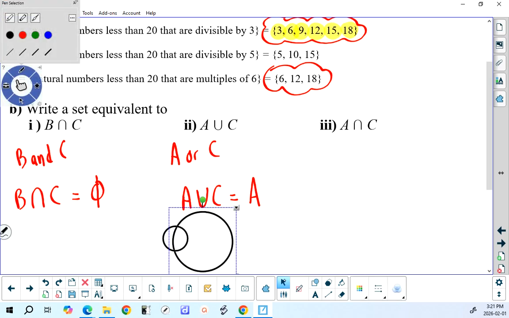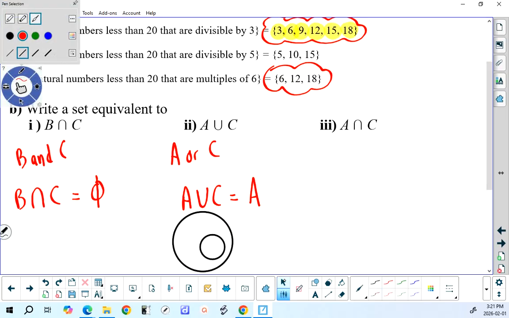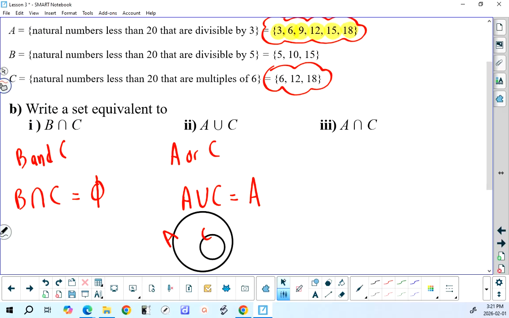The only way this kind of thing can happen, where the union of two sets is one of the sets, is if the larger of the sets encloses the smaller of the sets. So set C is entirely within set A. So the union is just set A because it's got set C covered.